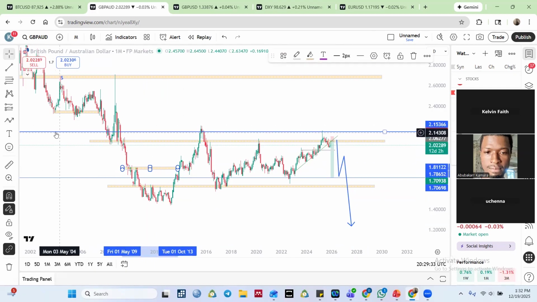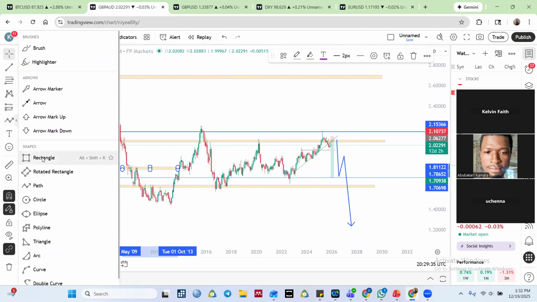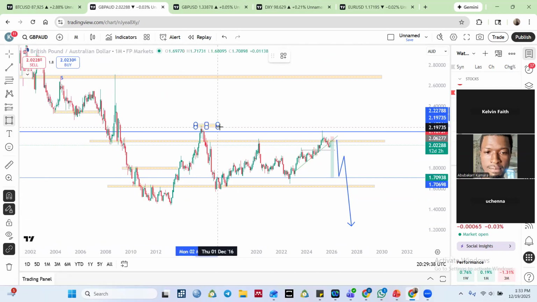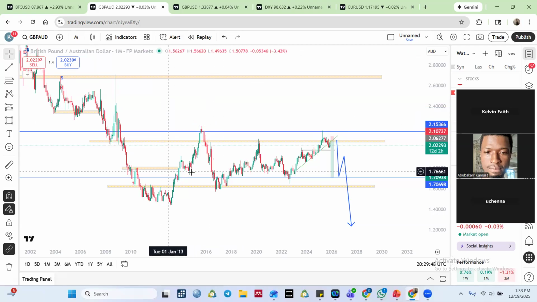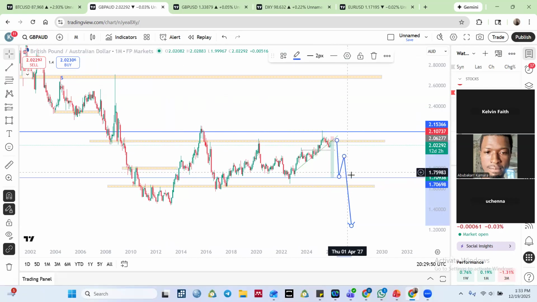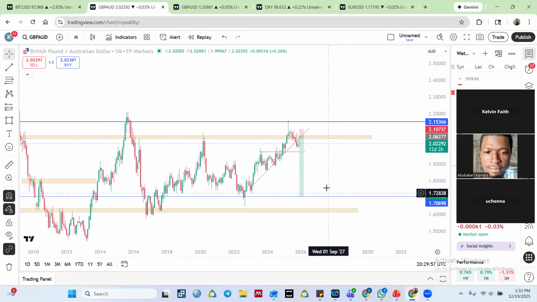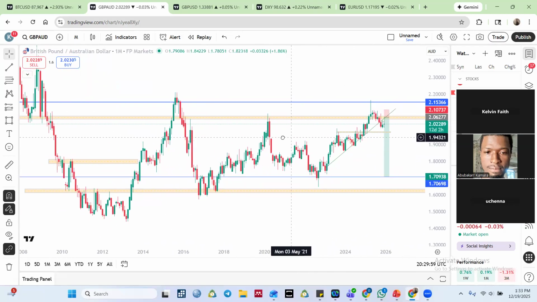Therefore, we are going to have this high as our new reference lower high. So these are the options I want you to think about as you continue to study this pair from the higher time frame.